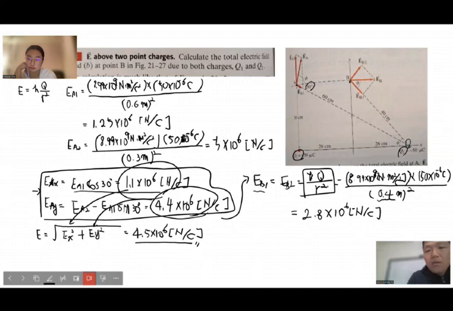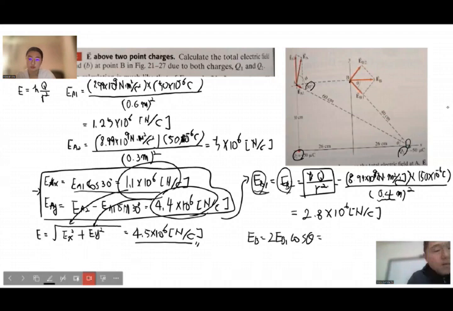So from these two electric fields, EB1 and EB2, you can estimate the total electric field out of these two charges at position B. Actually, the total electric field is 2 EB1 cosine theta.